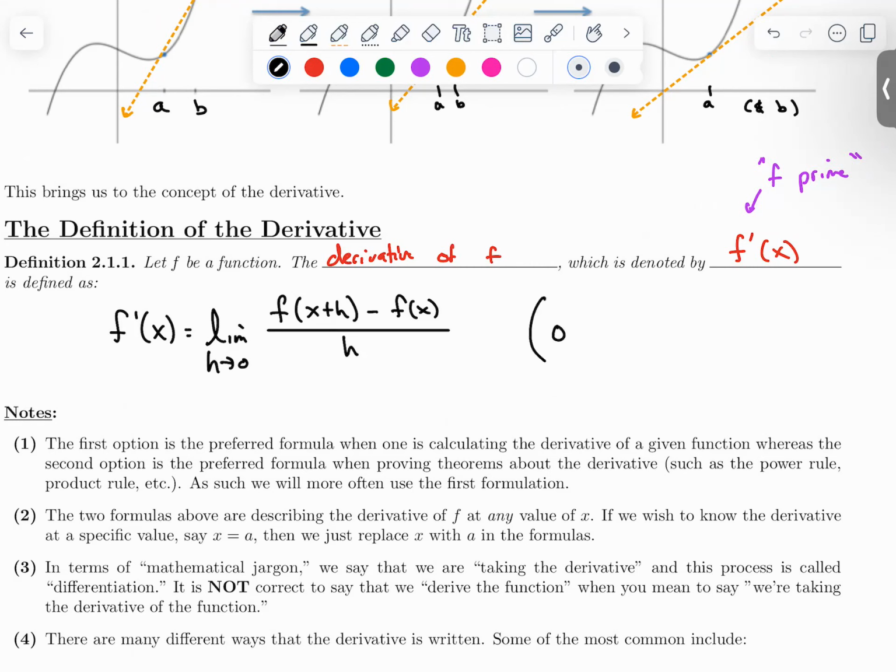Or the limit as t approaches x of f of t minus f of x all over t minus x.